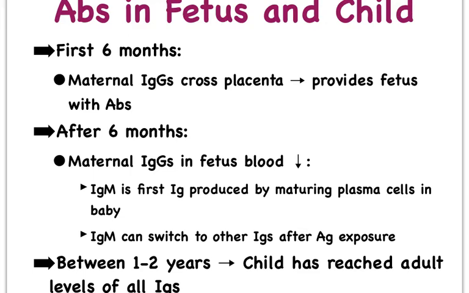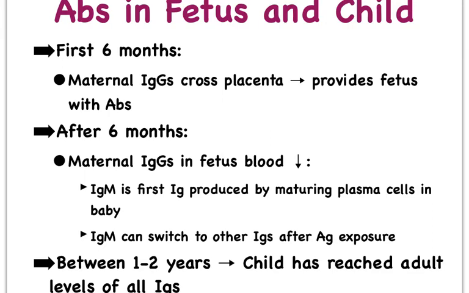And before we get further into it, let's discuss what happens to antibodies in the fetus and child. So the first 6 months of pregnancy, a fetus will receive antibodies from its mother. So these IgGs are immunoglobulins, proteins that are small enough to cross the placenta. The IgMs, for instance, are not. They're just too big.